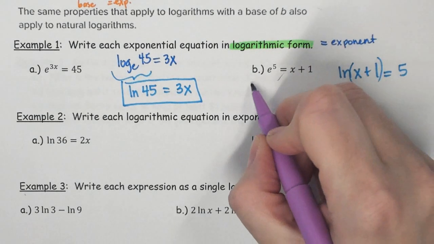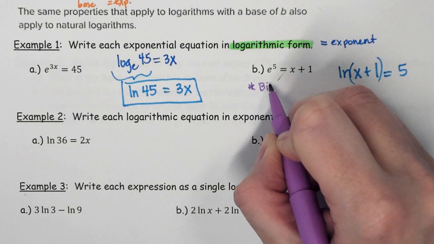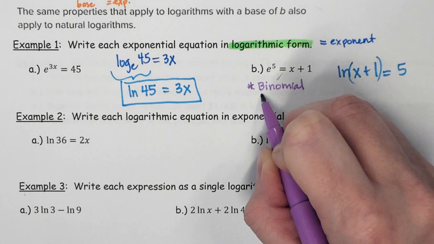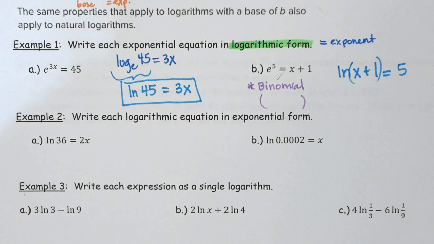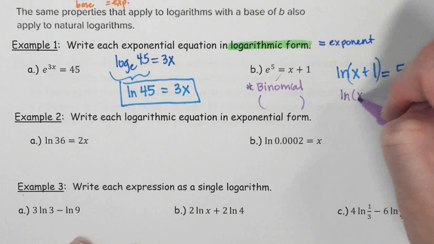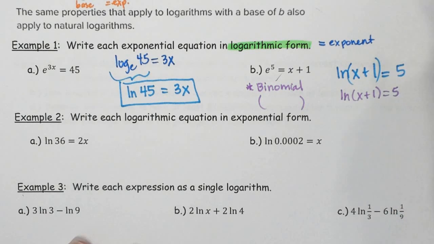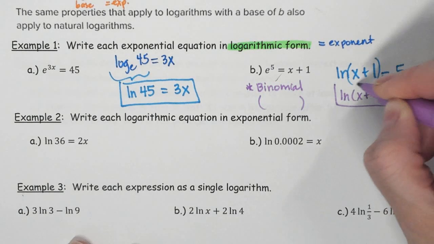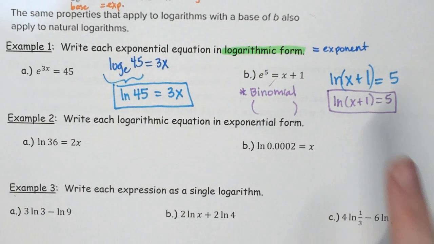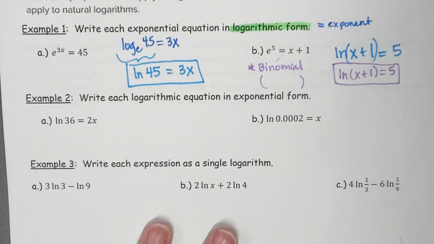So if ever you have a binomial, that's when it has to go in parentheses. They are not the same thing if you don't use your parentheses. So this is your final answer. I just rewrote it because I didn't like my parenthesis there. But that is your final answer.